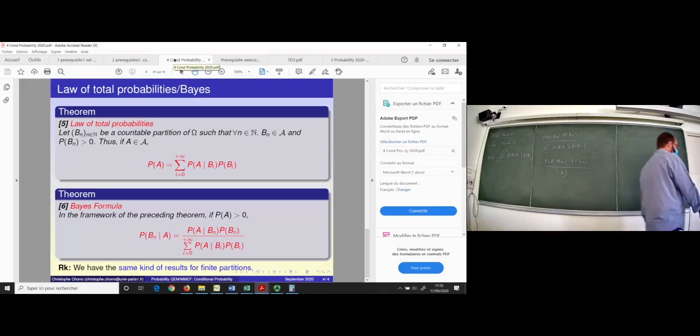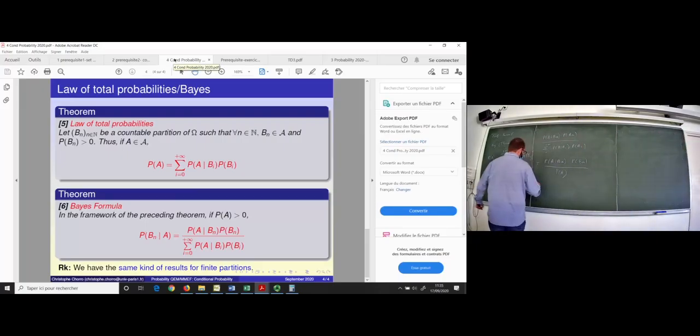And now how to conclude? By simply applying the definition of conditional probability. What is P of A given B? It is the probability of the intersection over the probability of Bn. So by definition of the conditional probability, I have P of A intersected with Bn multiplied by P of Bn, divided by P of Bn times P of A. I can do simplifications between the P of Bn and what I have here.